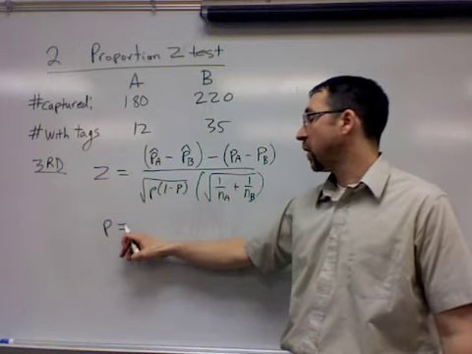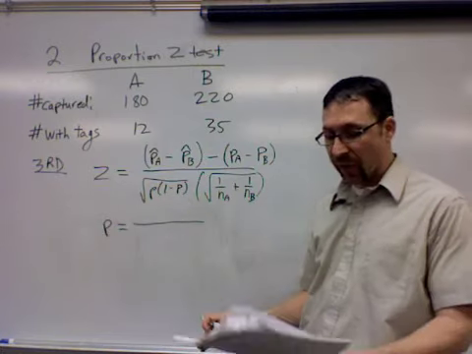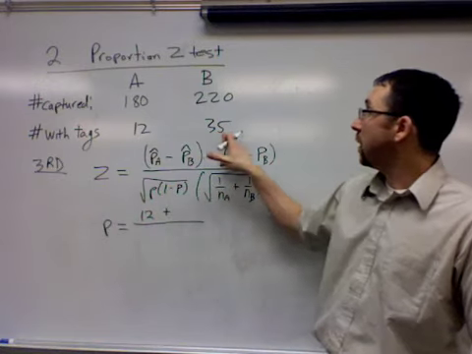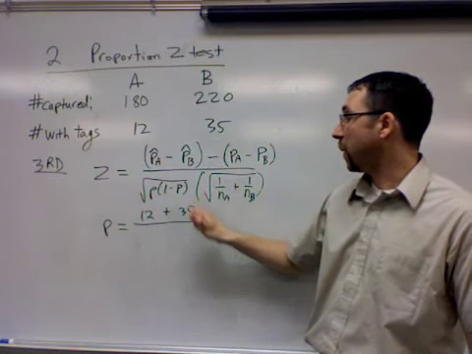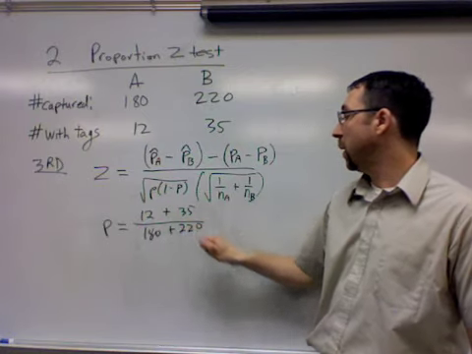To calculate the pooled P that you're going to be using here, you take the 12 that are tagged and the 35 that are tagged there and divide it by the 180 plus the 220.